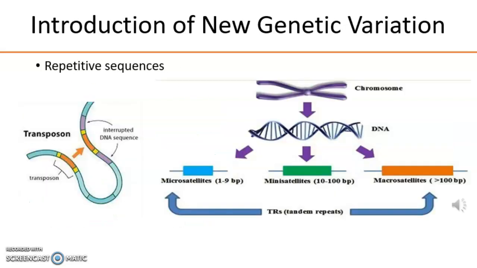Another way is this idea of repetitive sequences. We know that in eukaryotes, we have tons of repetitive sequence, and we've classified them as unique or not repetitive, moderately repetitive, and highly repetitive. Let's consider one thing we talked about before, transposons. We know that transposons can move around the genome.